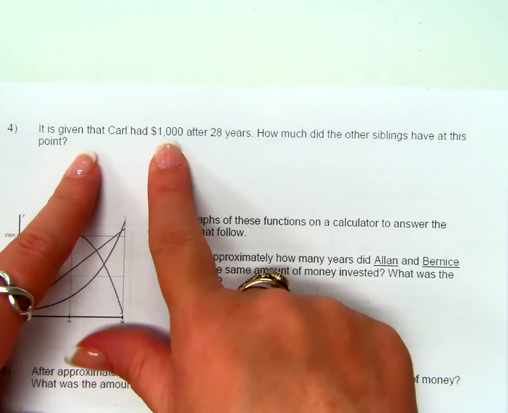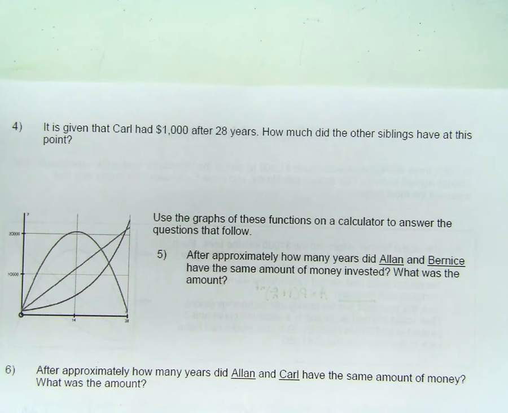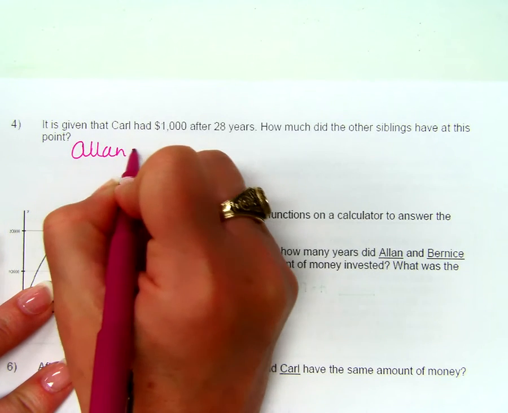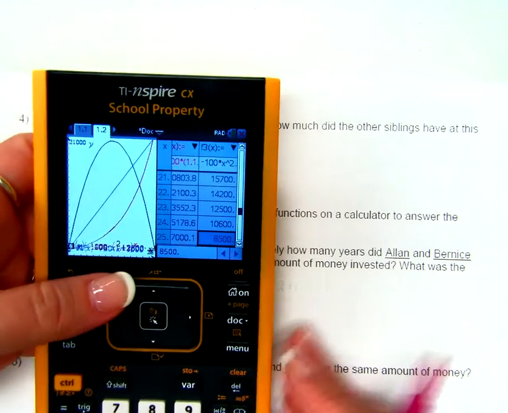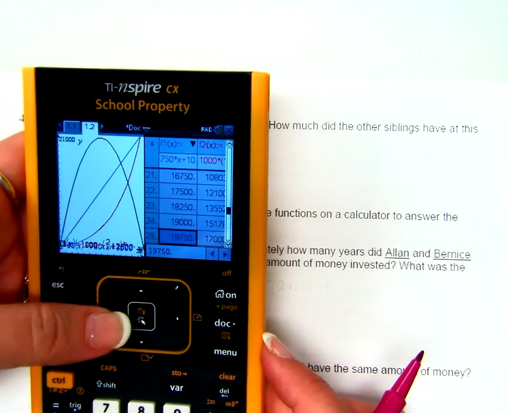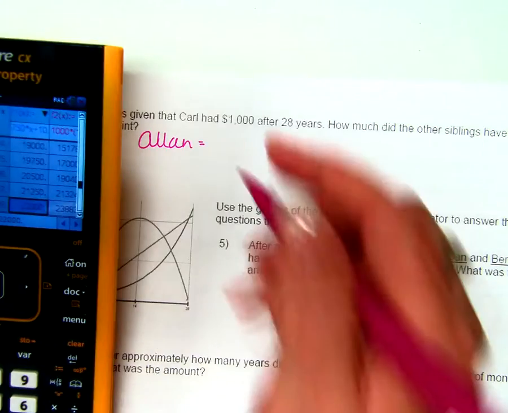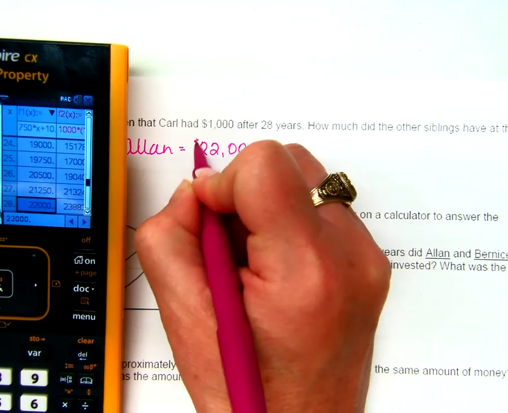It is given that Carl had $1,000 after 28 years, so how much did the other siblings have at this point? How much did Alan have at this point? Guys, can I still just use my calculator for this? Alan is an F1. All I need to do is go down to 28. How much did he have? $22,000.